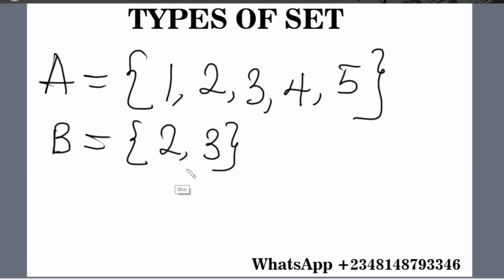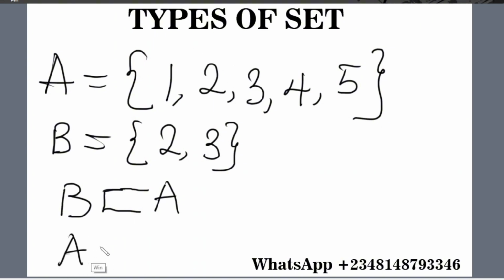Now, if you look at this very well, you will notice that all the elements in B are found in A. We have 2 and 3 here in B, and we also have 2 and 3 in A. So B is a subset of A because the elements of B are found in A, and then A is a superset of B.